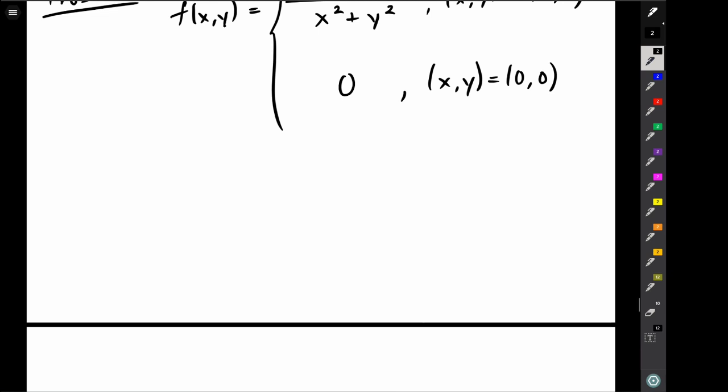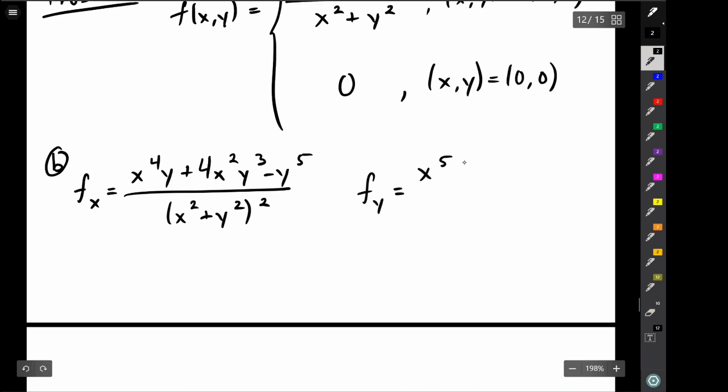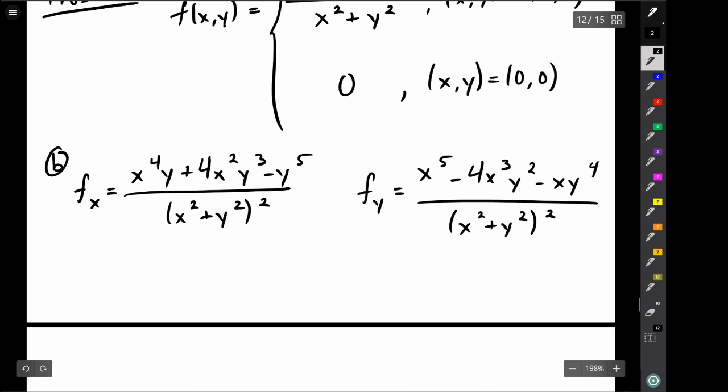So what we have for part B, what we found, is that f_x is x to the 4th y plus 4x cubed y cubed minus y to the 5th, over x squared plus y squared, and f_y is x to the 5th minus 4x cubed y squared minus x y to the 4th, all that over x squared plus y squared, squared.